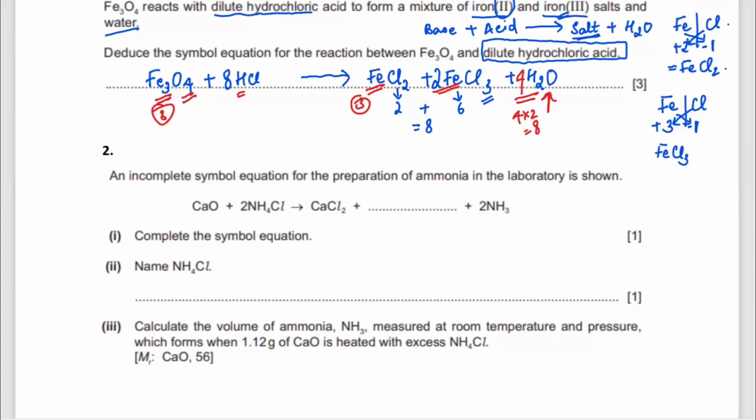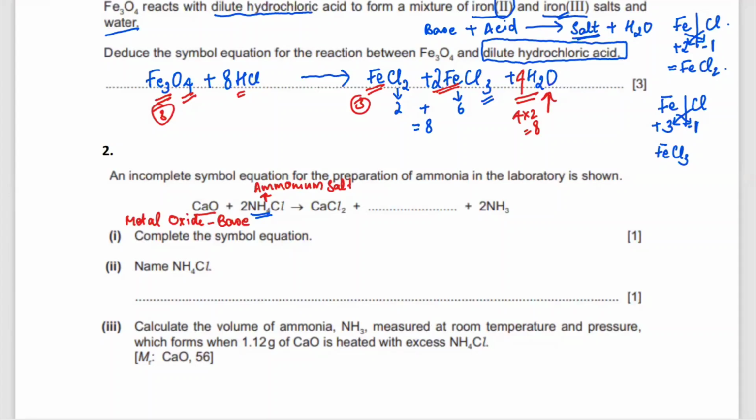So we have to understand that this is a reaction between a metal oxide. Again, when it is a metal oxide, the nature of the metal oxide will be basic. So a base and ammonium chloride. So an ammonium salt is reacting. So ammonium salt and base are reacting.